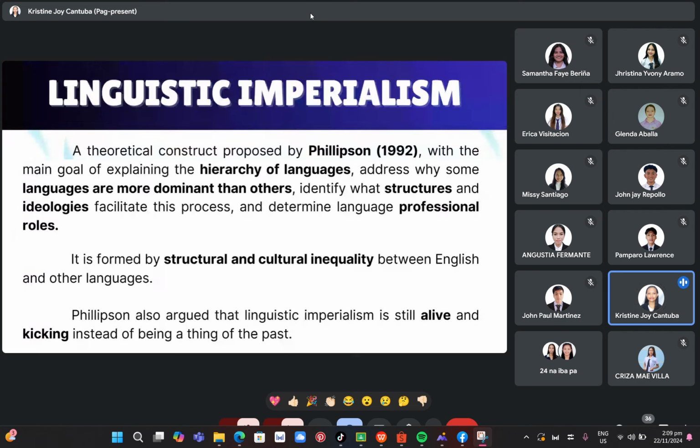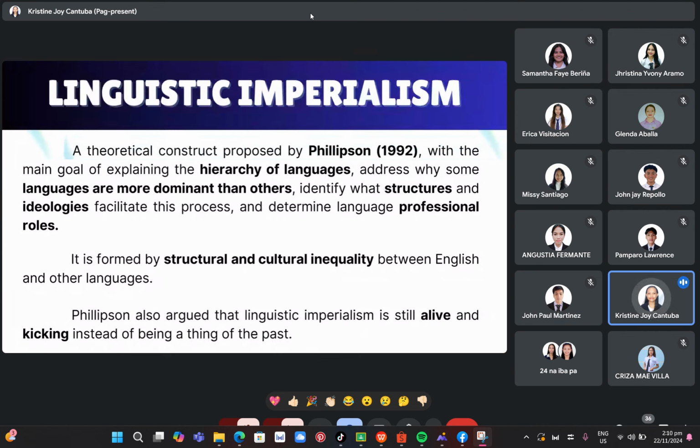When we say structural inequality, it refers to inequality related to material wealth. And cultural inequality refers to non-material or ideological inequality. Linguistic imperialism first came into being through colonization and military power, and then more subtly through economic, social, and cultural penetration.